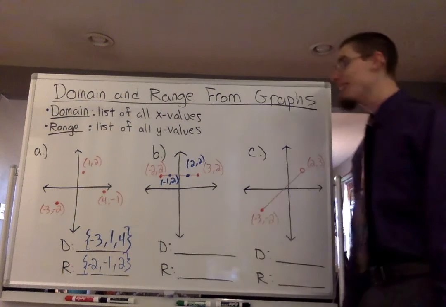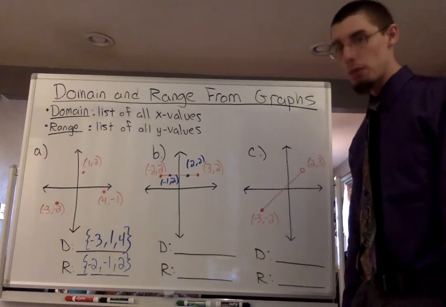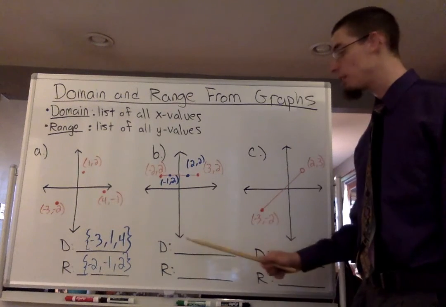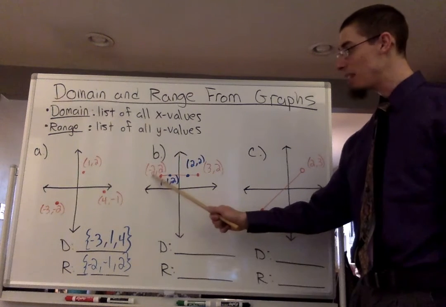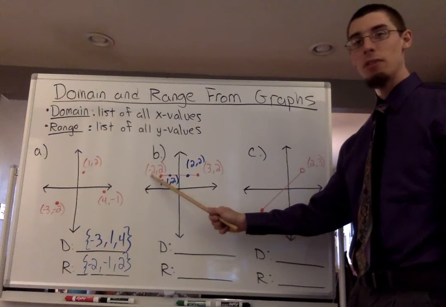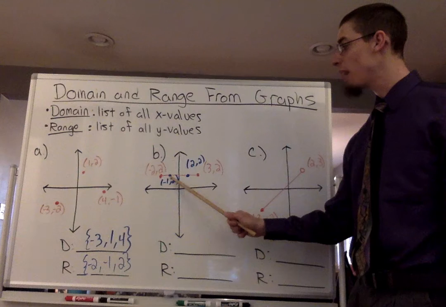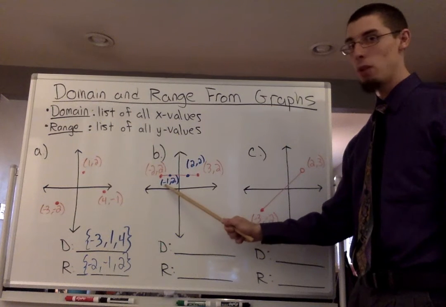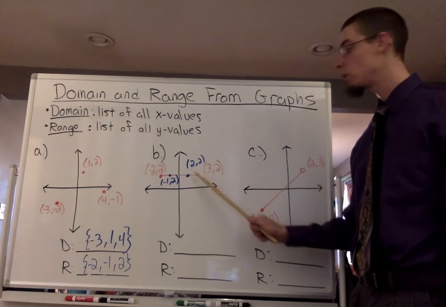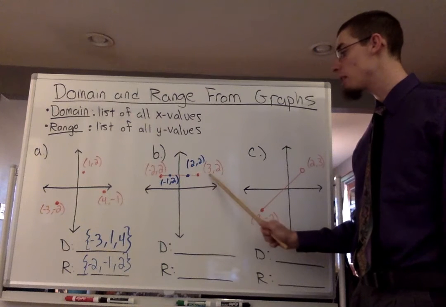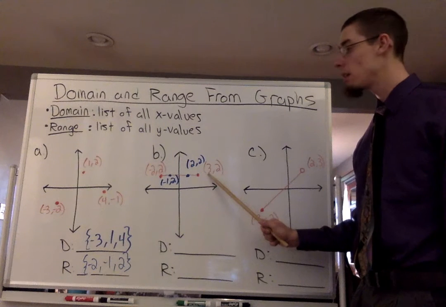Now, I can't list all of those numbers. Think about domain, my x values. What's the x value of this point? -2. What's the x value of this point? Negative 1. What's the x value here? Positive 2. What's the x value here? Positive 3.